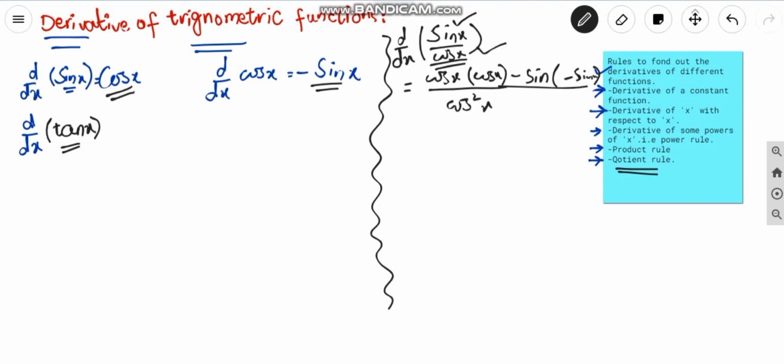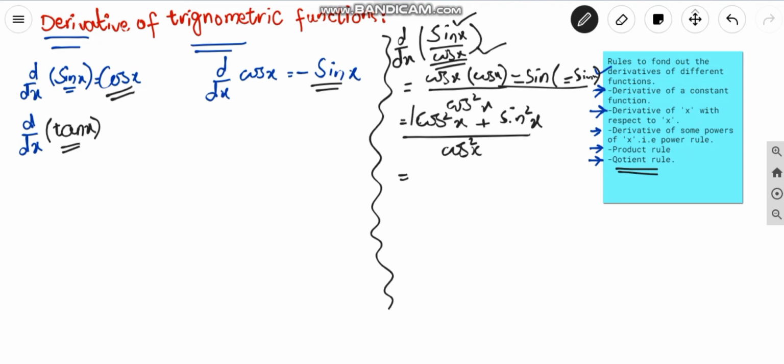So cos x into cos x becomes cos square x, minus, and this minus becomes plus sine square x, over cos square x.